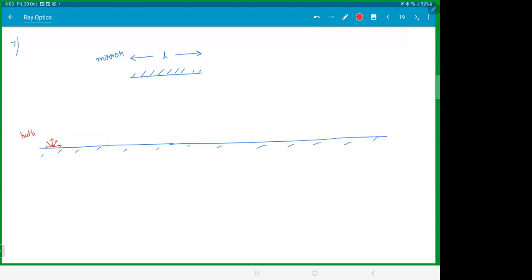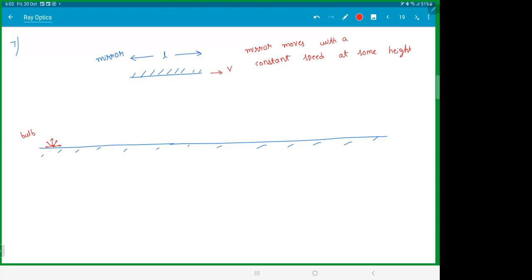And this mirror here is going with a speed of V, at some height. No information is given: what height, what distance, and all.